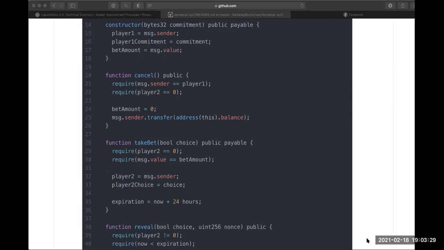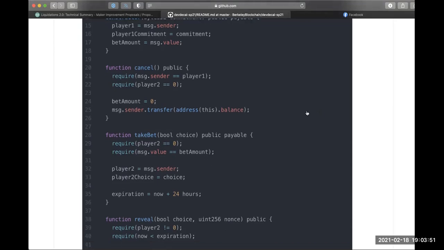Let me send it to you in the chat. You have something like a deposit function marked payable. In that case, you could add message value to deposits, because deposits is a mapping. But you can't do that if you don't add payable after the function.